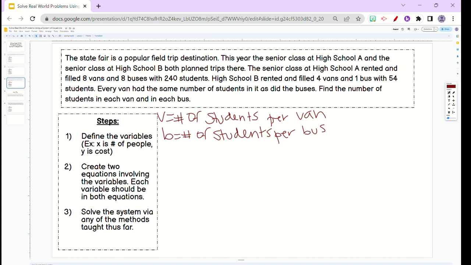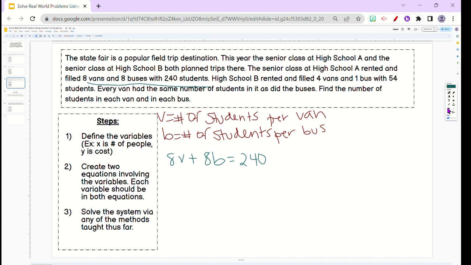Alrighty, so our first equation can be written by doing 8 vans and 8 buses with 240 students. So we've got 8V plus 8B is equal to 240 students.